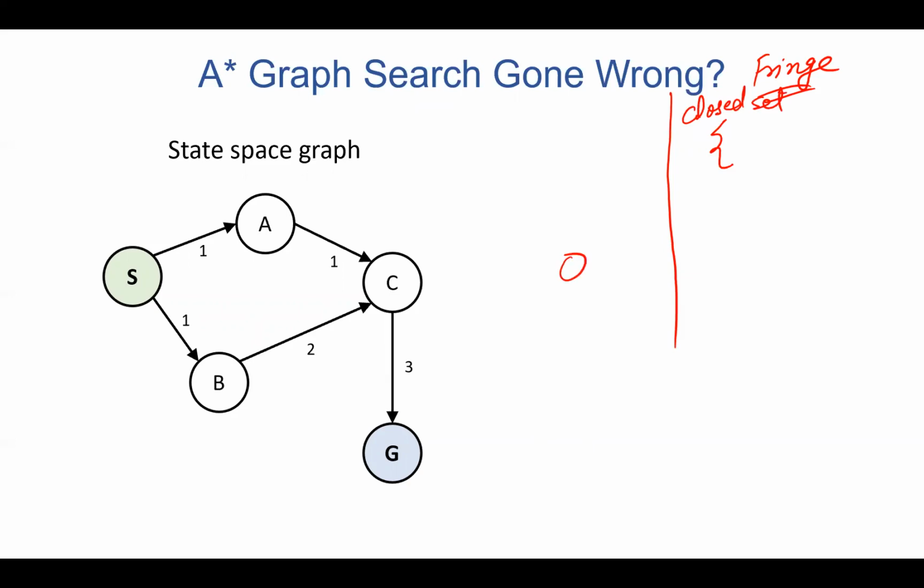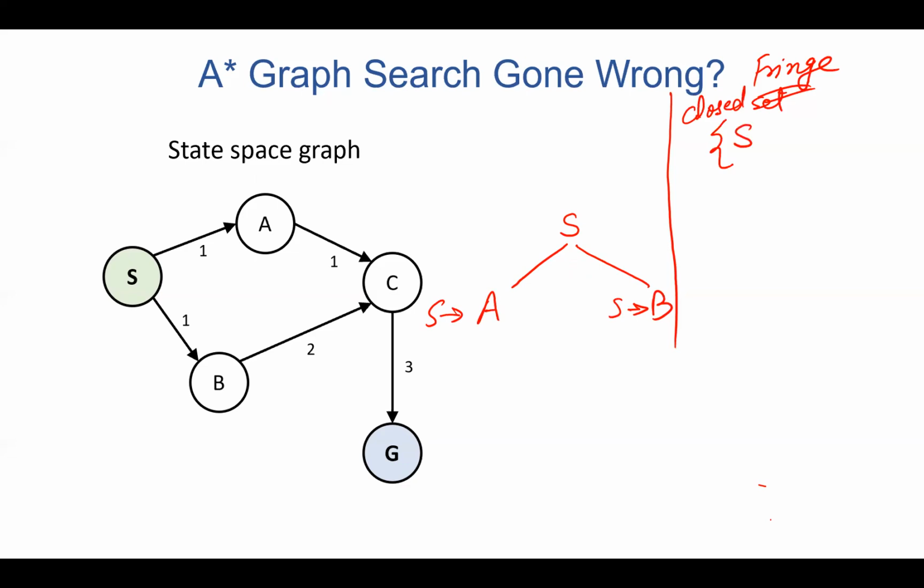So we start with S, right? We start with S and we expand it. From S, we can go to either A or B. I'll just write S to A and S to B, right? So we have expanded S, correct? We're going to put S in the closed set.